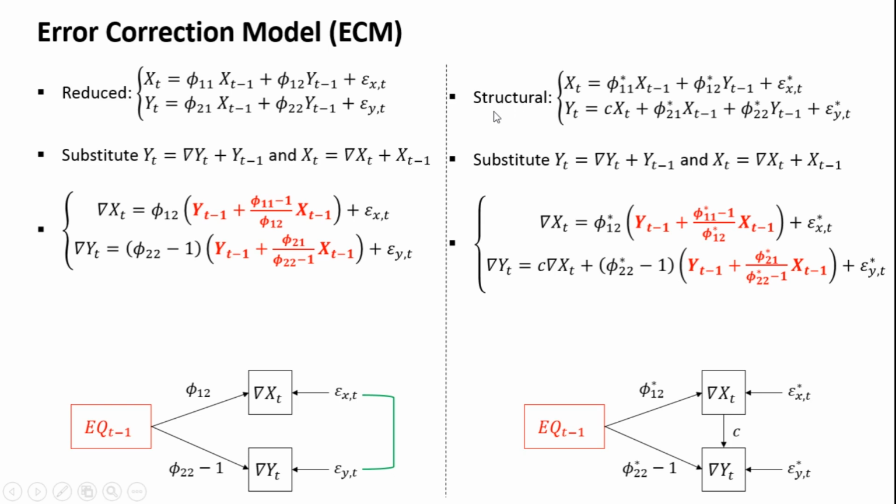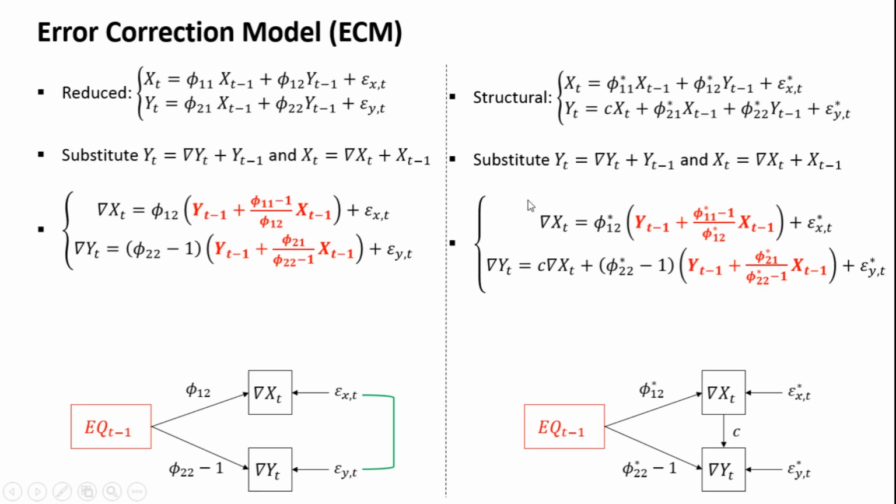So in the case of a structural VAR that is given here, you can also make the same substitution and have a similar term that appears in the two relationships between the differentials of our variables.